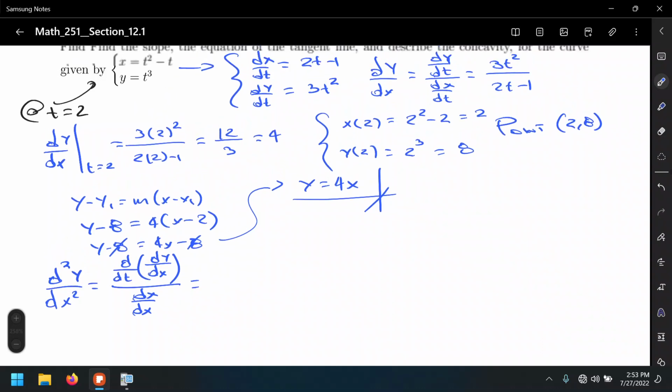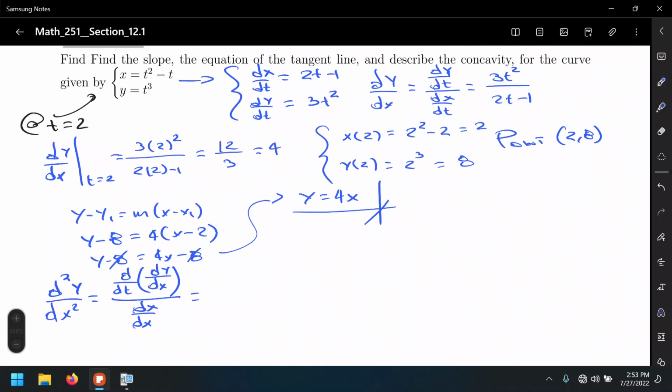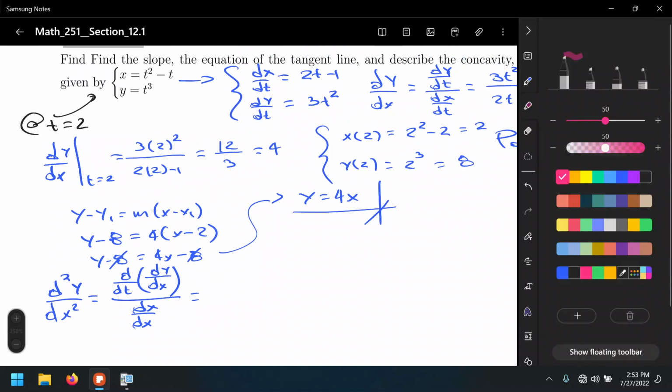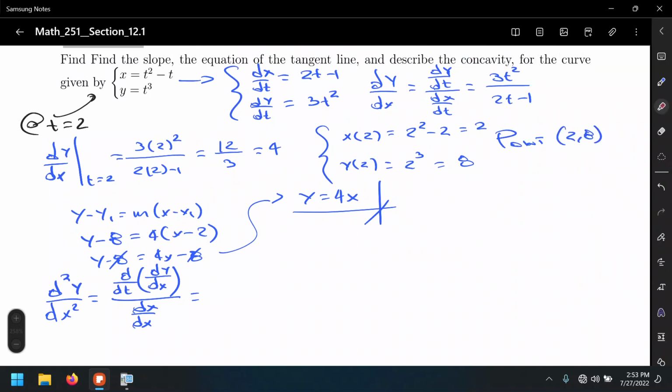Again, let me color code this so you can see where all this is coming from and how we're going to connect everything. This is the derivative dy/dx, which is this quotient right here. That's going to go here.